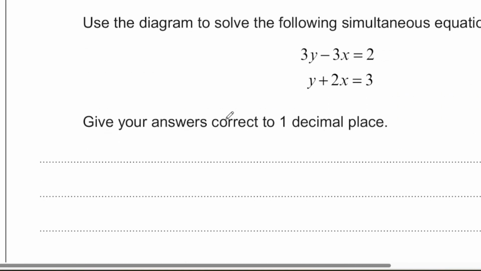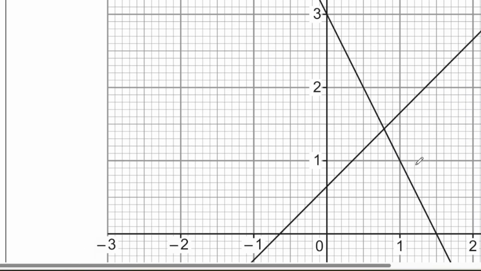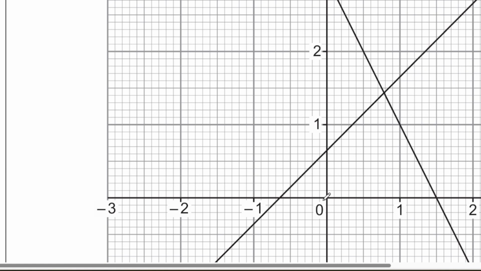It does say to give your answer correct to 1 decimal place, so we shall do that. If we go along the x-axis, it's not quite there, so if we round it, we'll have 0.8. Yeah, 0.8. It's just here, 0.8.